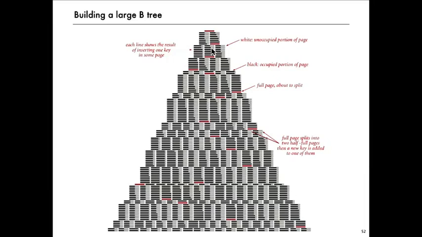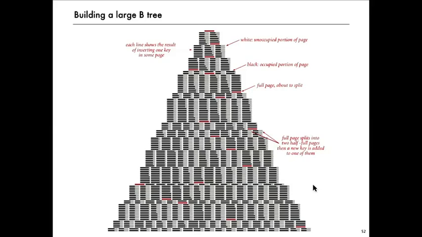Now we have 3 pages, and we keep going. Eventually one of them fills up and splits. Now we have 4 pages, and now this time the first one fills up and splits, and so forth. So the black is the occupied part of the page, the white's the unoccupied part, and when a full page is about to split, right below there's 2 pages. So this shows the process of building a large B tree.